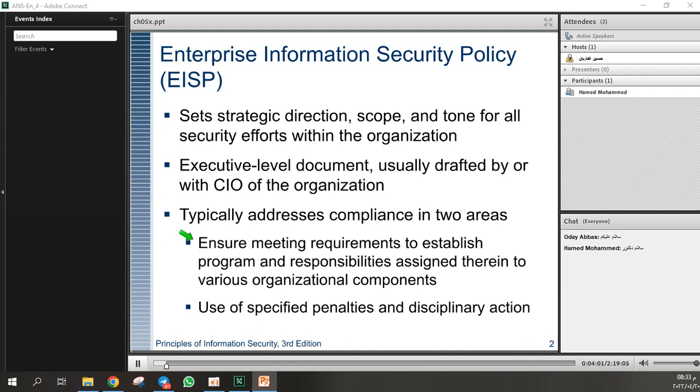It means that I need to check that, okay, I have some policies, some executive level documents.